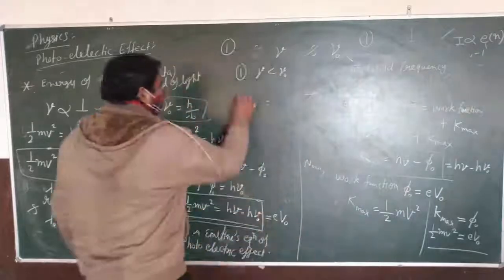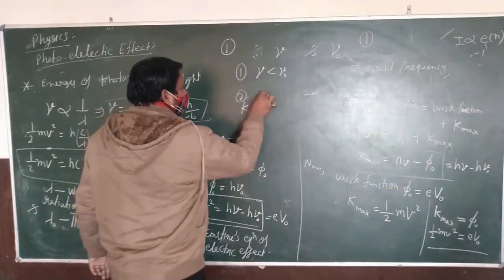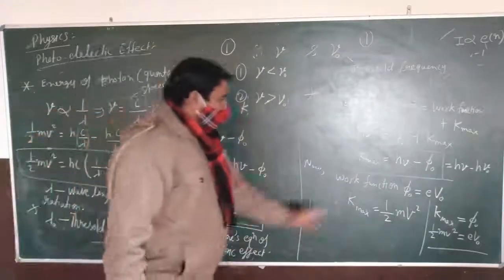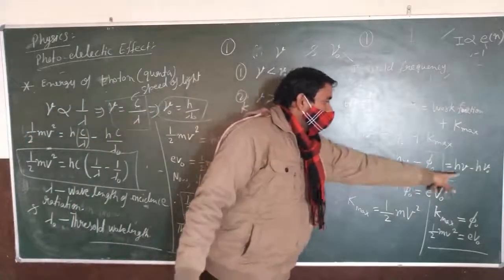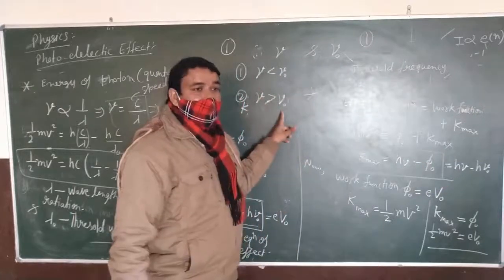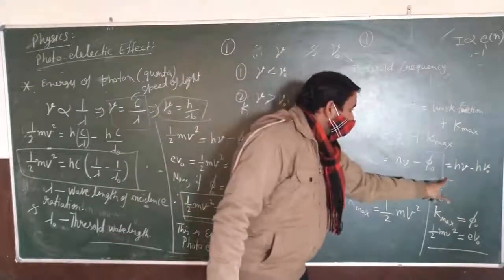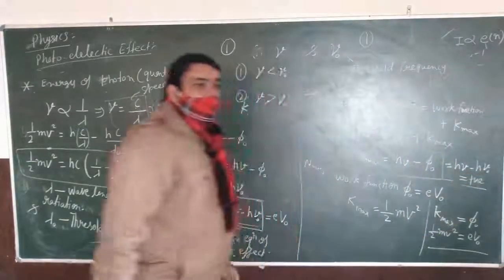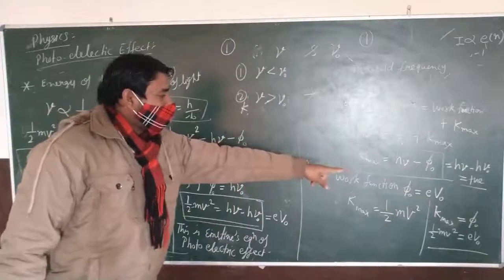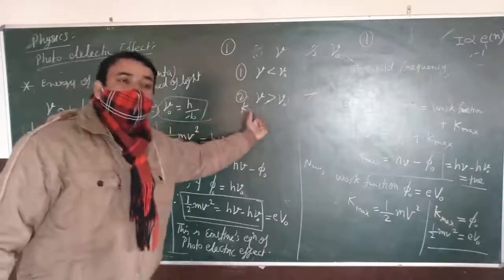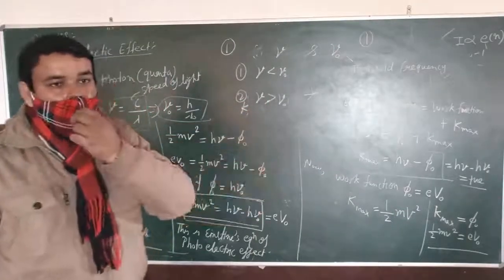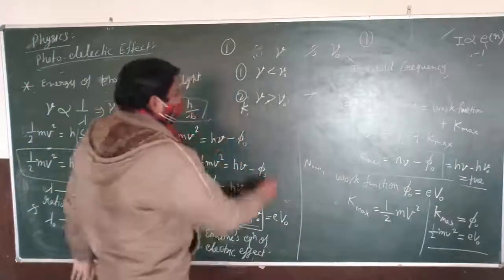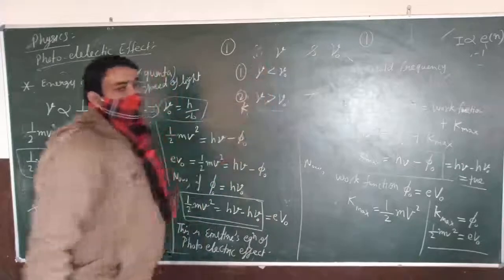Okay. And second, if nu is greater than nu naught, explanation of the third law: if the frequency of the incident light is greater than the threshold frequency, the kinetic energy is positive, and with positive kinetic energy the electron emits and moves with a velocity. Okay, so this is the explanation of the third law.